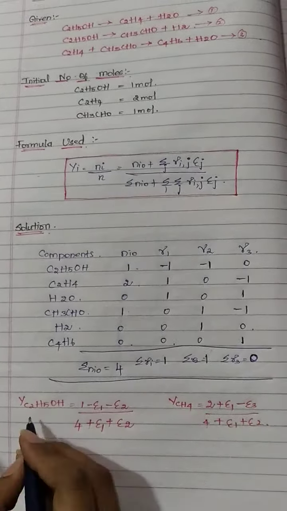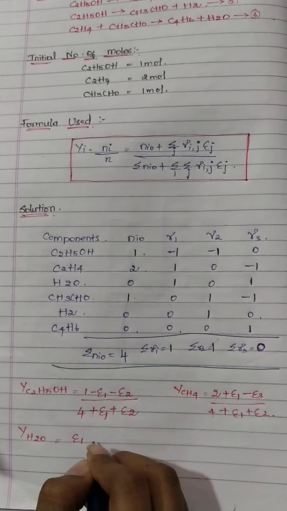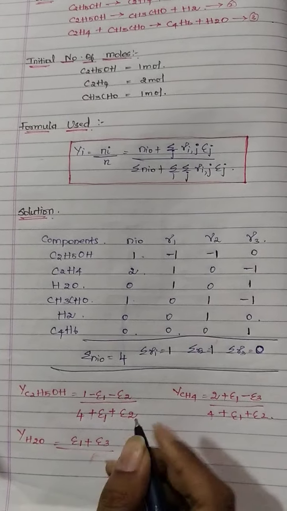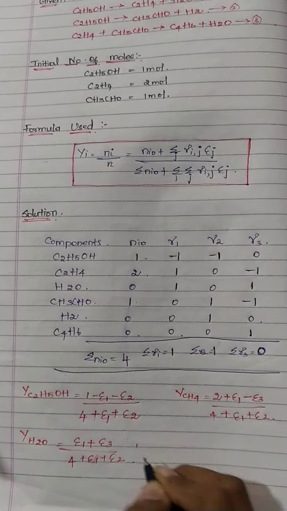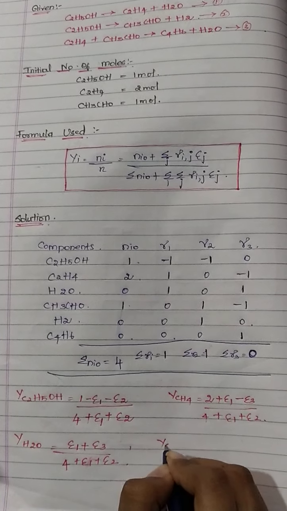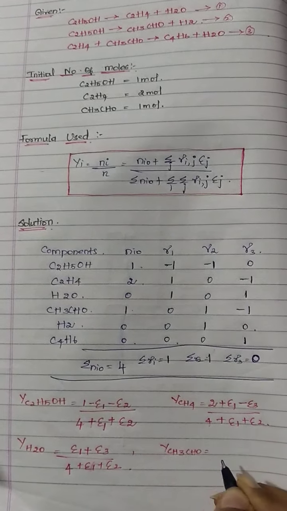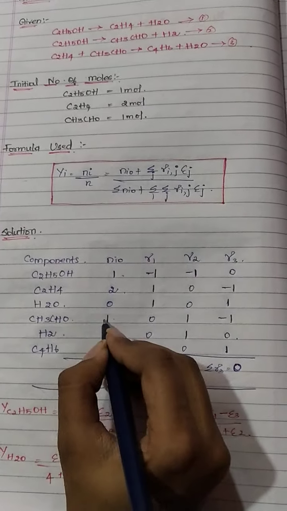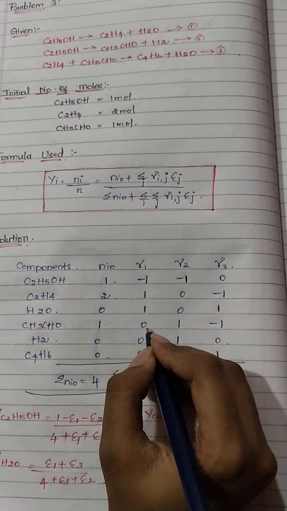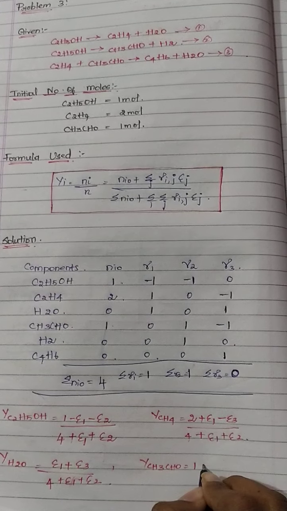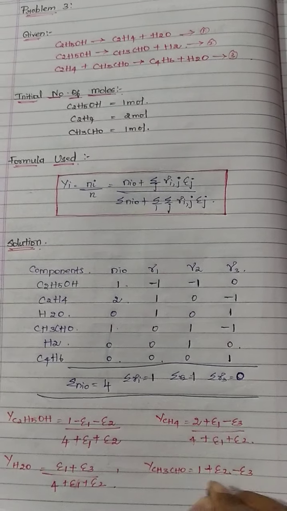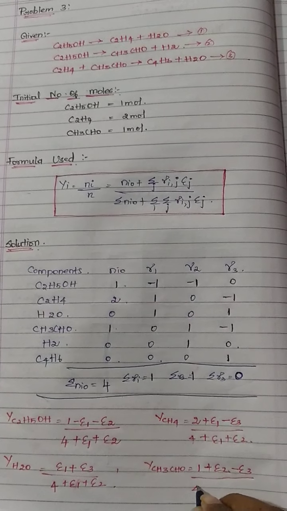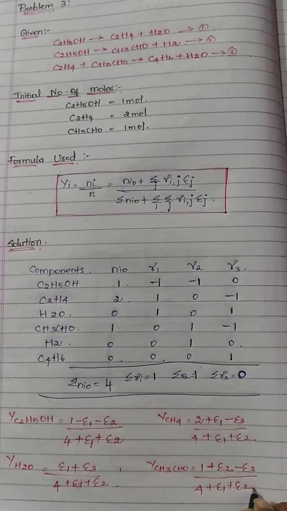You don't have Ni naught, so nu 1 is 1, so epsilon 1, nu 2 is 0, nu 3 is also 1, so plus epsilon 3, divided by 4 plus epsilon 1 plus epsilon 2. Next, YCH3CHO. So this will be Ni naught is 1, so 1, nu 1 is 0, so you won't have anything, nu 2 is 1, so epsilon 2, nu 3 is -1, so minus epsilon 3, divided by the same denominator, 4 plus epsilon 1 plus epsilon 2.